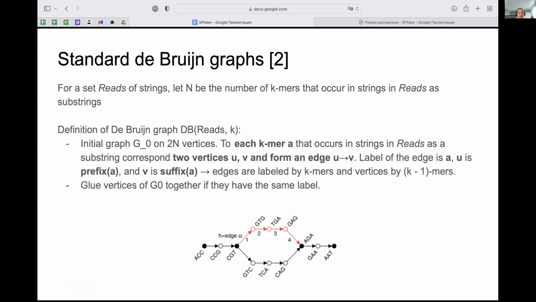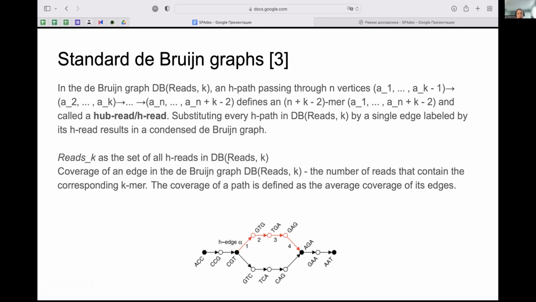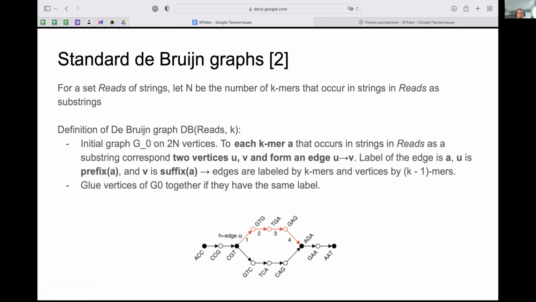For a set of strings, let n be the number of k-mers that occur in the strings and reads as substrings. And what is the definition of the de Bruijn graph? Initial graph G0 is formed on 2n vertices. Each k-mer a that occurs in the strings and reads as a substring corresponds to vertices u and v and forms an edge from u to v. The label of the edge is a, where u is the prefix of a and v is the suffix of a, so edges are labeled by k-mers and vertices by (k-1)-mers.